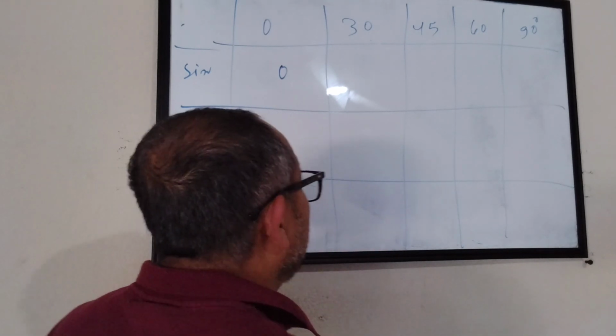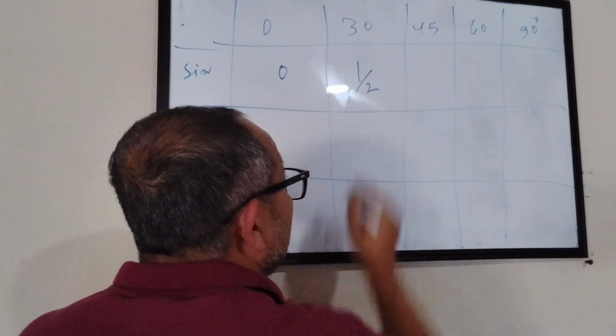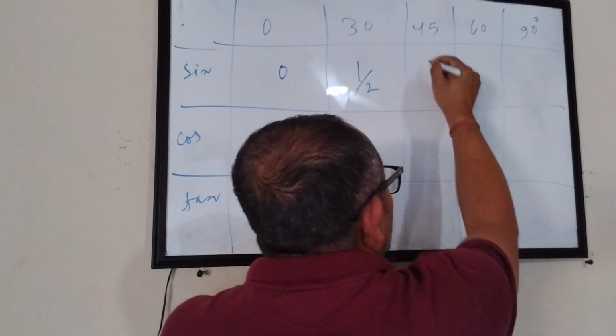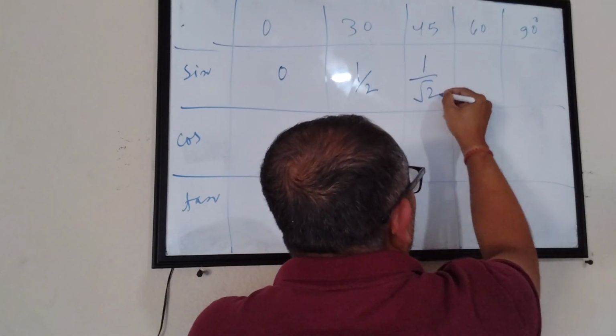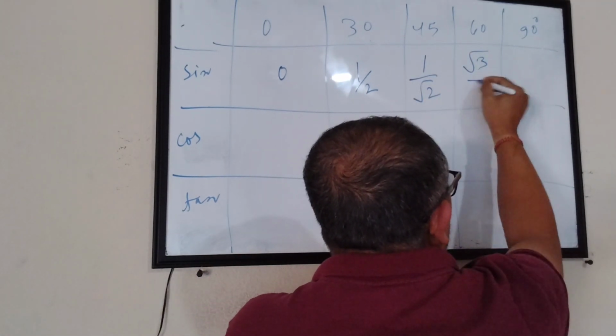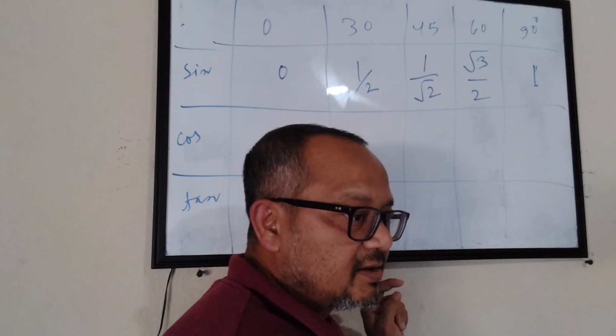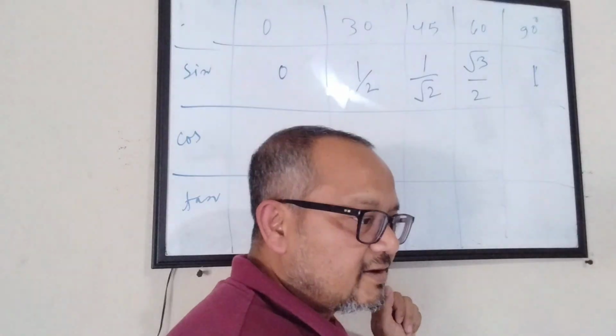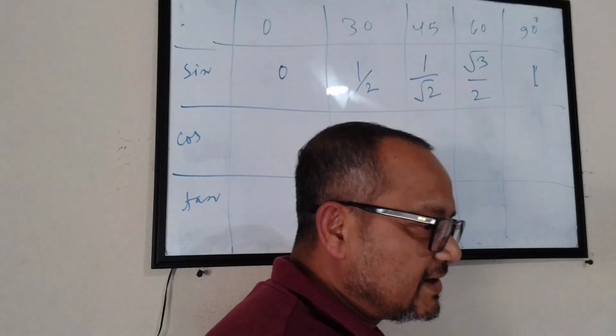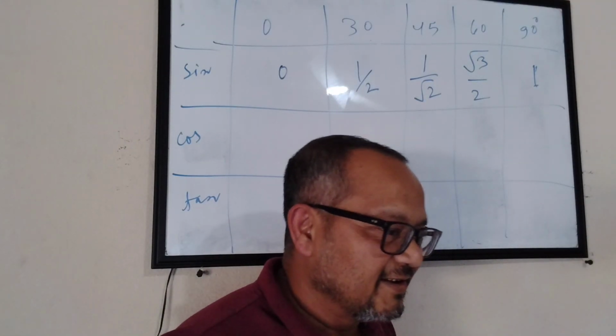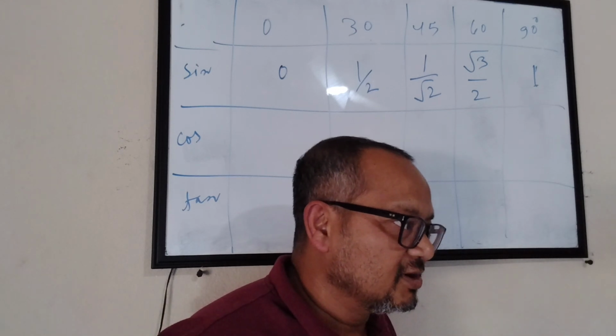Sine 30 degree equals 1 by 2. Sine 45 equals 1 by root 2. Sine 60 equals root 3 by 2. Sine 90 equals 1. Yeah? Who all is not able to recall?